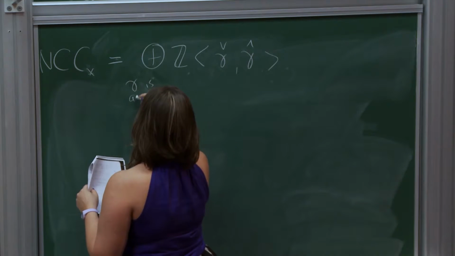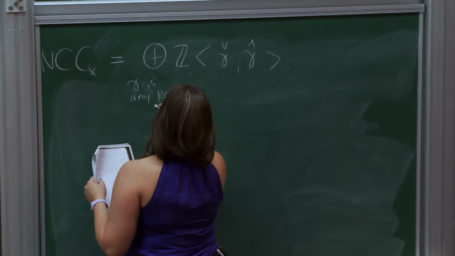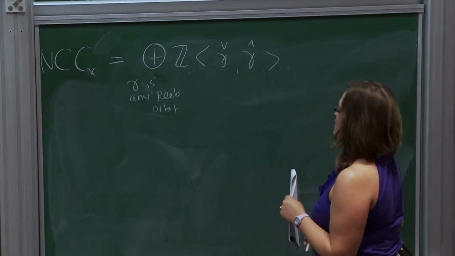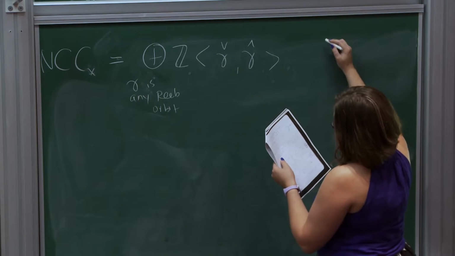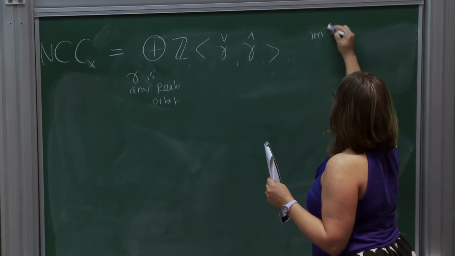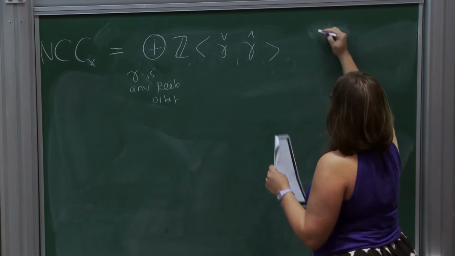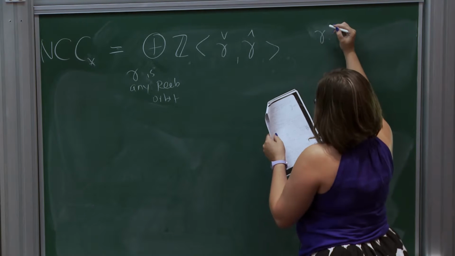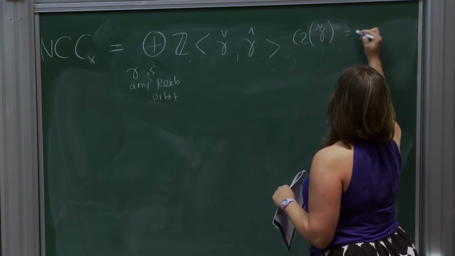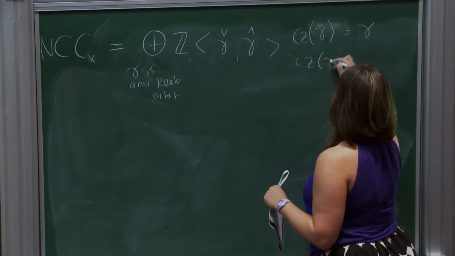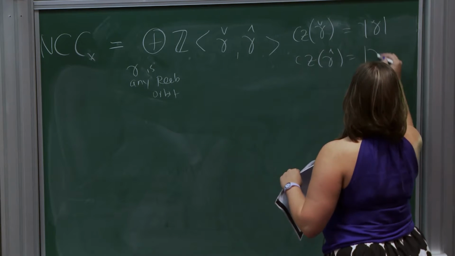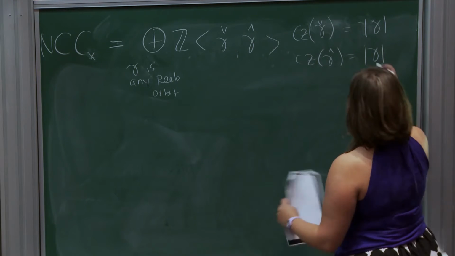Gamma is any Reeb orbit. And then I'm just going to arbitrarily shift the grading up on my gamma hats by 1.